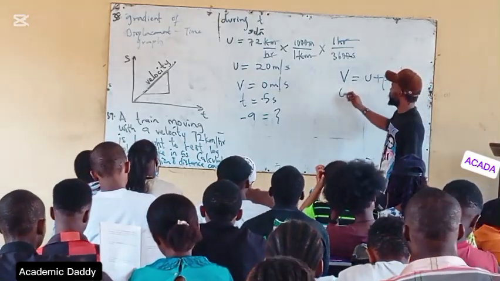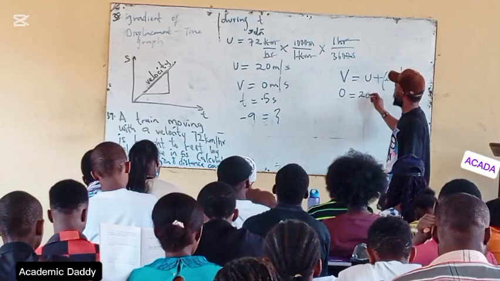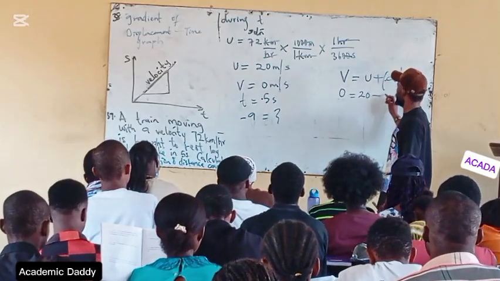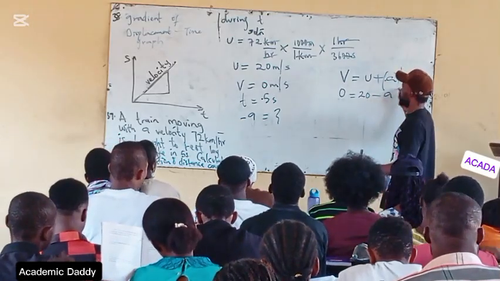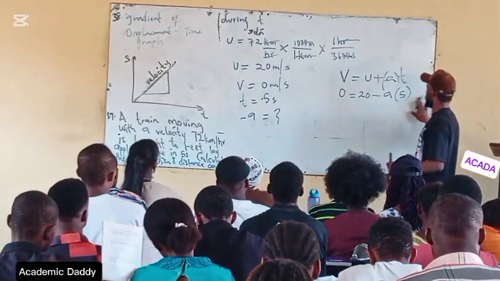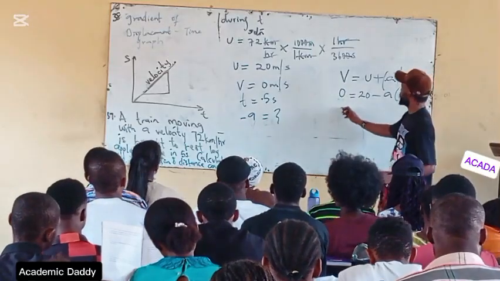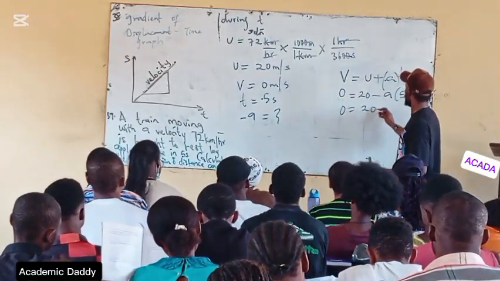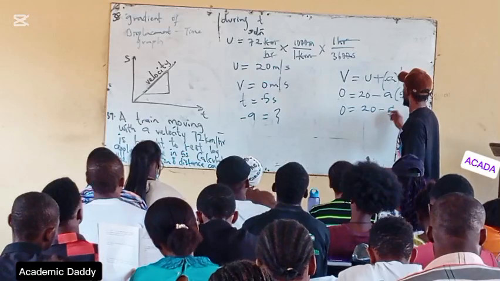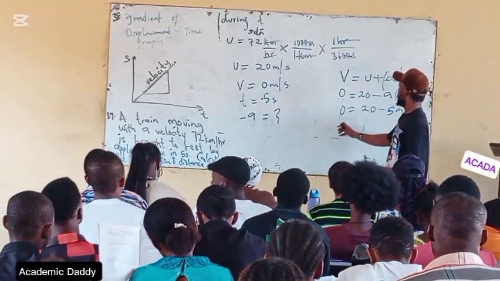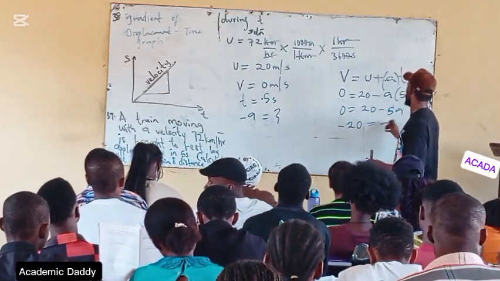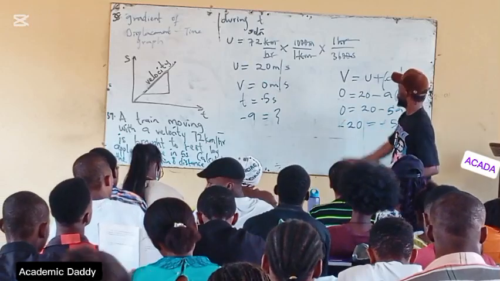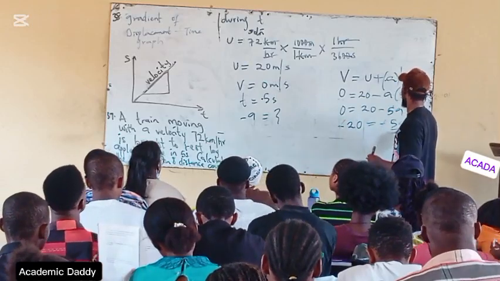So now 0 equals 20 minus 5a. Divide both sides by 5.